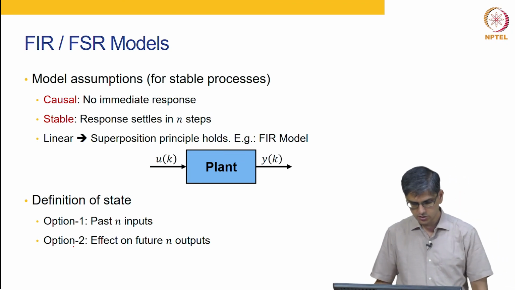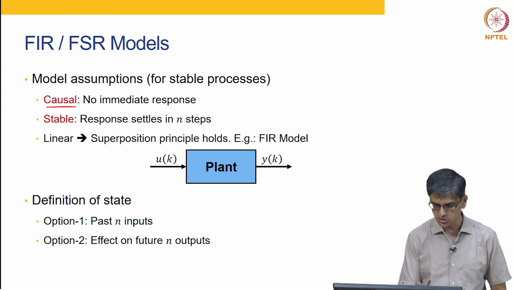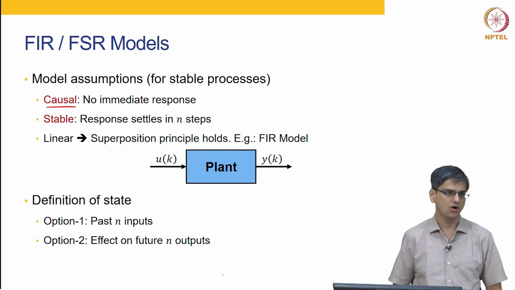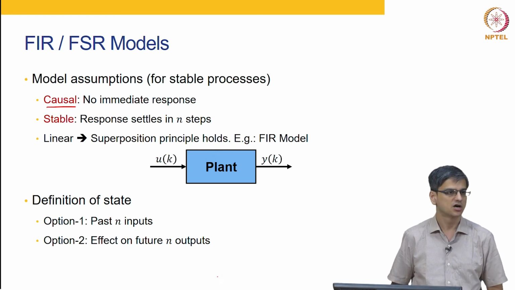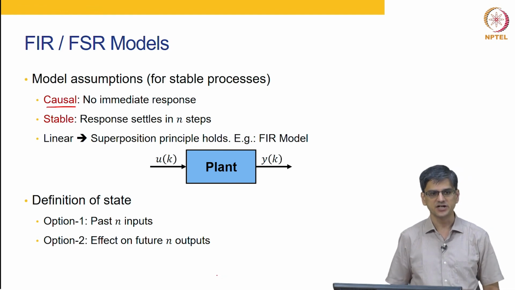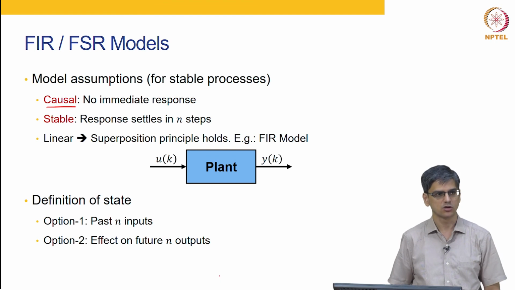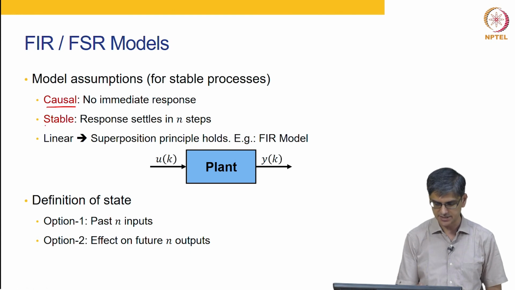Certain assumptions, again the assumptions we have laid out in the previous slide: it is causal, therefore H0 or S0 was equal to 0, there is no immediate response. That was exactly the question that was asked yesterday, is there no D matrix in the state space model? All of these are equivalent statements and those are because of the assumption of causality.